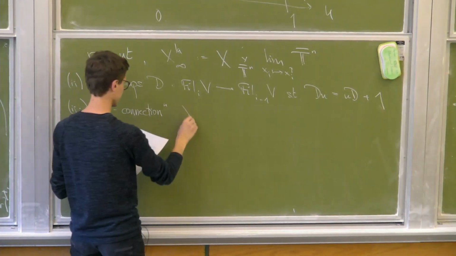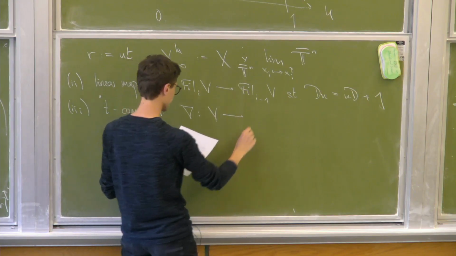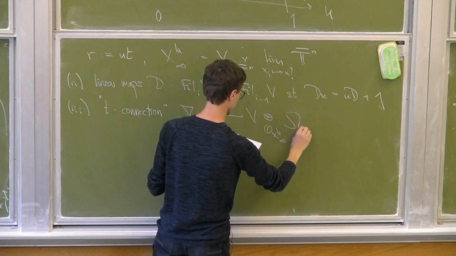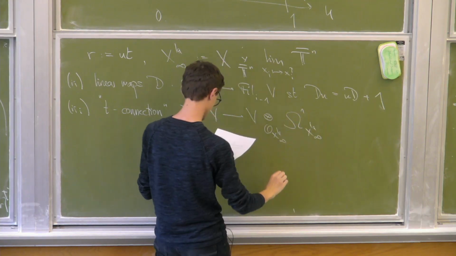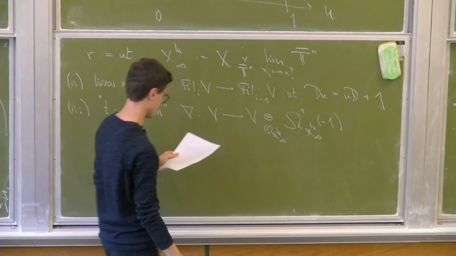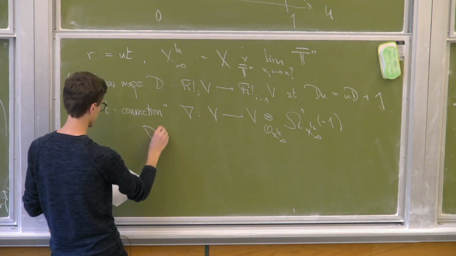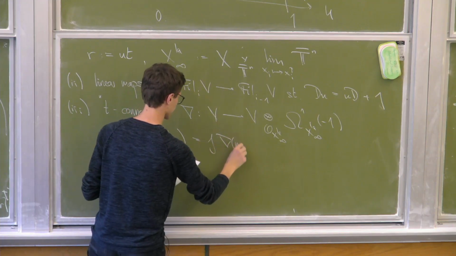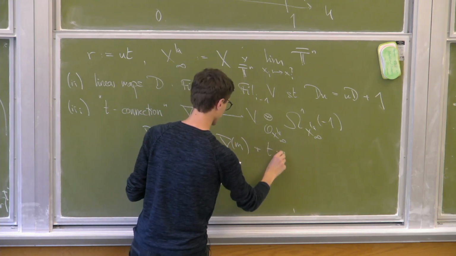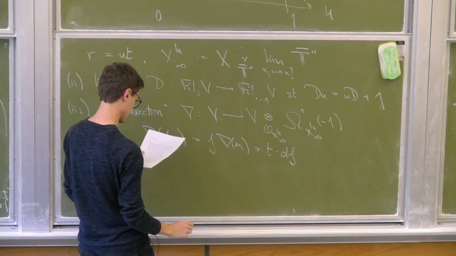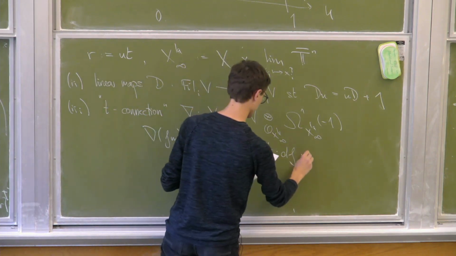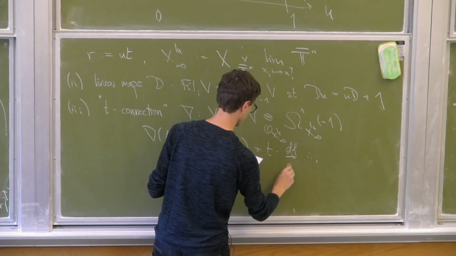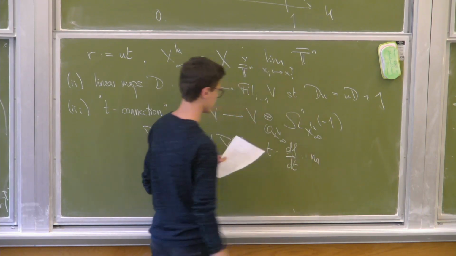I want a T connection on V. So this means a map like so, which satisfies nabla of fm is f times nabla m plus T times df/dt times m.